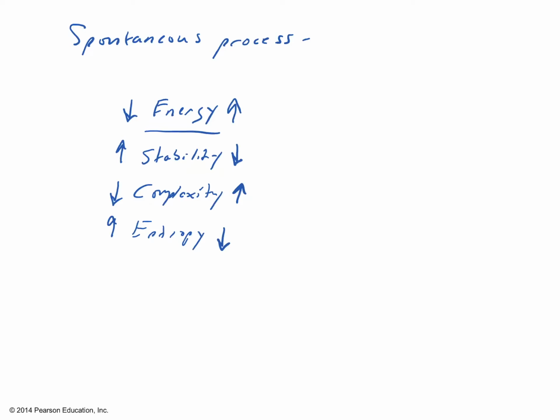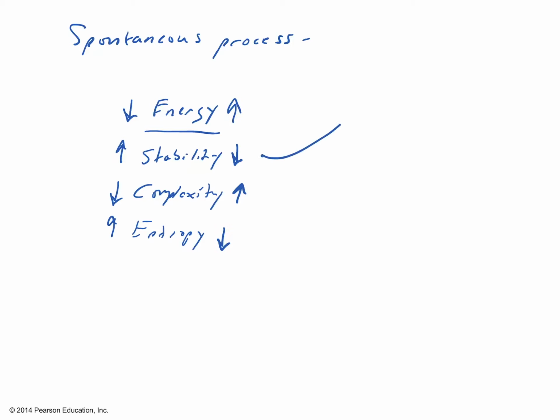So that high energy system, the house, or a cell, or a large protein molecule, will eventually seep energy away to the environment through the second law of thermodynamics, like we said. It starts off very unstable, with low stability, its complexity is very high, and its entropy is very low.